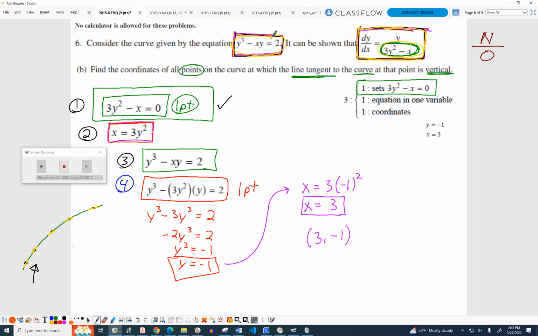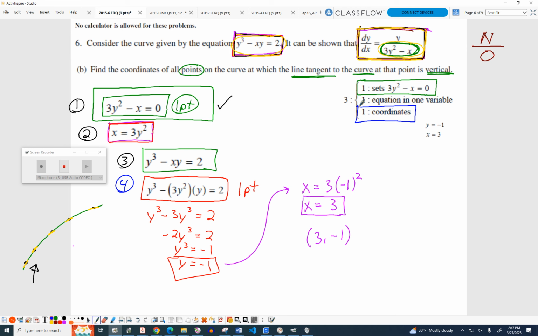So what if they don't, do they have to actually write out the equation and set it equal to 0? Or if they wrote out that dy dx is undefined at y equals 0, they didn't actually write the actual. Oh, I got you. Let me say a little bit more before I stop the video, Jacob. Here's how I would grade if I had a stack of tests in front of me. I tend to go to the end first. So I look and see, did they have the correct answer?